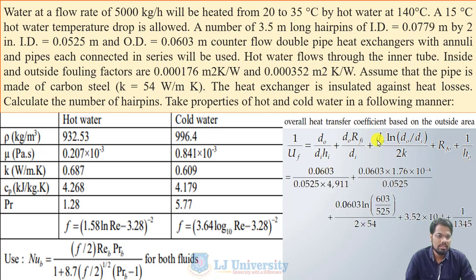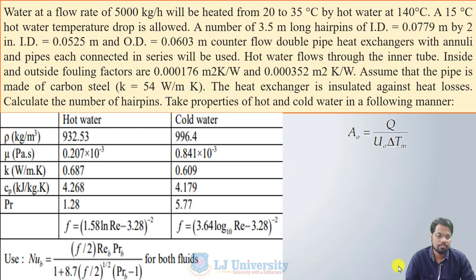Putting all the values in this equation, we get the overall heat transfer coefficient based on outside diameter as 622 watt per meter square Kelvin.